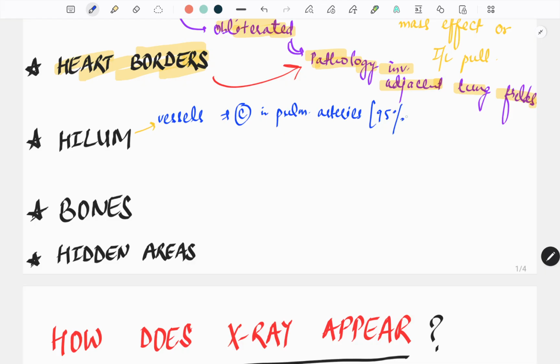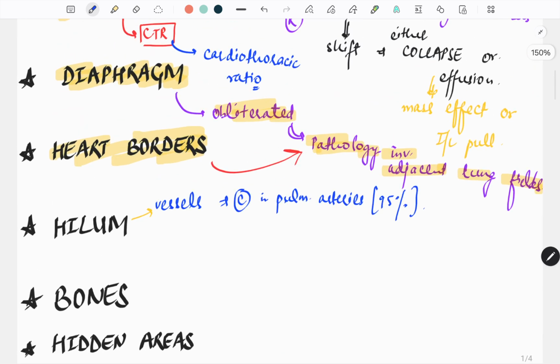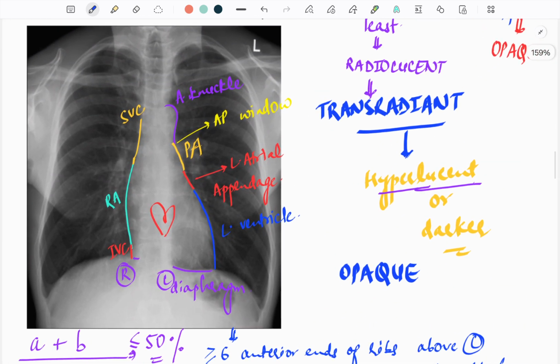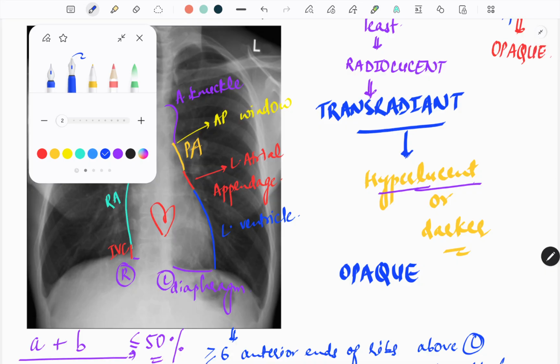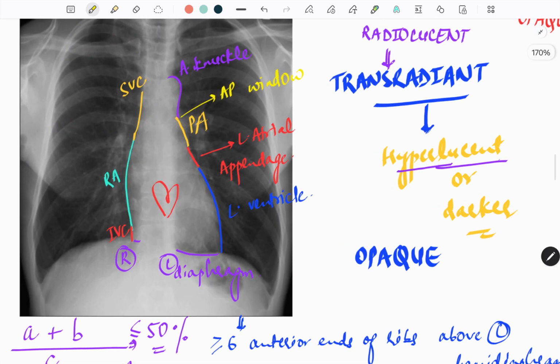Almost 95% of the hilar shadow is formed by the pulmonary arteries. Then how should we assess the hilum? This is the right lower lobe pulmonary artery, this is the left lower lobe pulmonary artery, this is the upper lobe vessel, and this is the upper lobe vessel here.